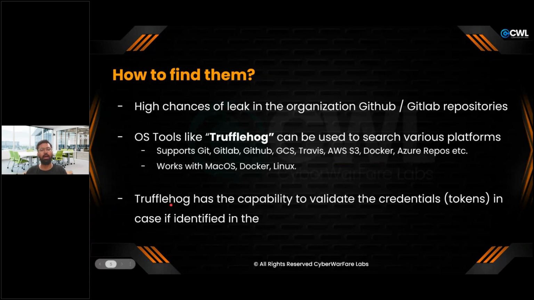Trufflehog has the capability to validate credentials and tokens if identified in the repositories, right? If you find any credentials leaked in the repositories, Trufflehog can validate the credentials for you if you set it up that way.